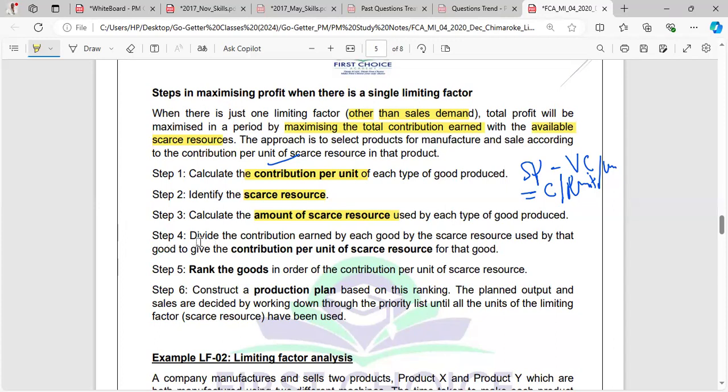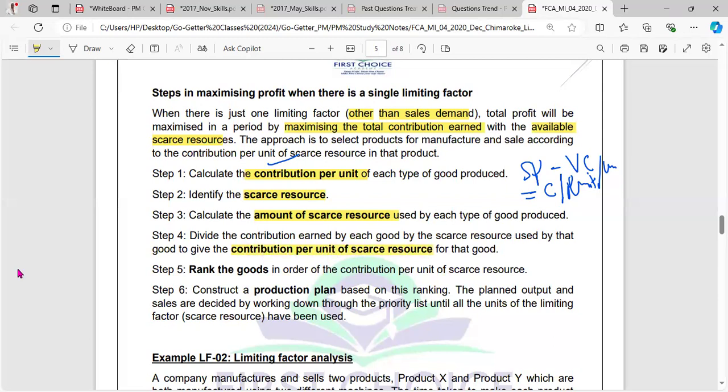Now, you need to divide the contribution per unit that you've calculated in step 1 by the amount of scarce resources you have calculated in step 3. In other words, you say step 1 divide by step 3, you'll be getting something called contribution per unit of scarce resource.